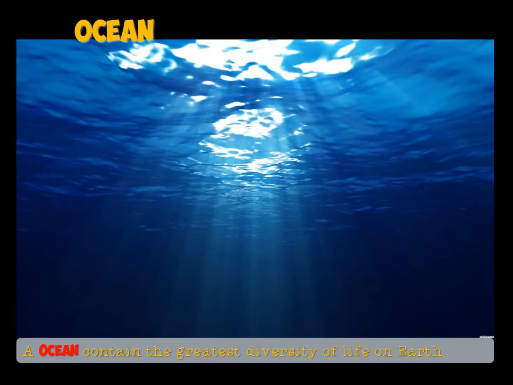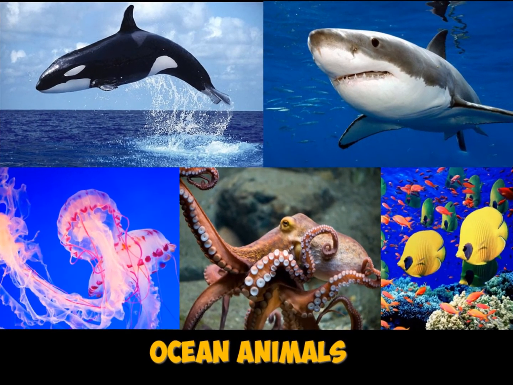The ocean. Say ocean. The ocean is another habitat. All oceans contain a whole lot of animals. So many different types of animals that we haven't even discovered some of the animals that live in the ocean. That's how deep and vast oceans are. You know about whales.